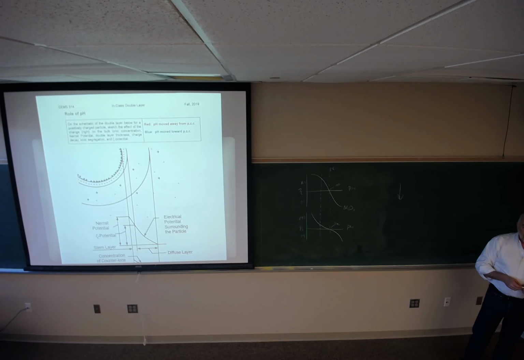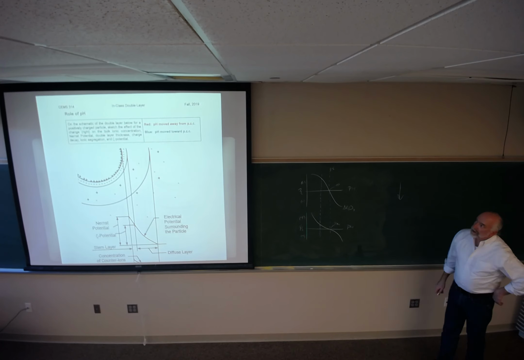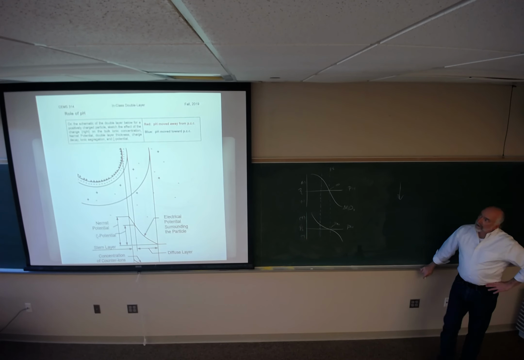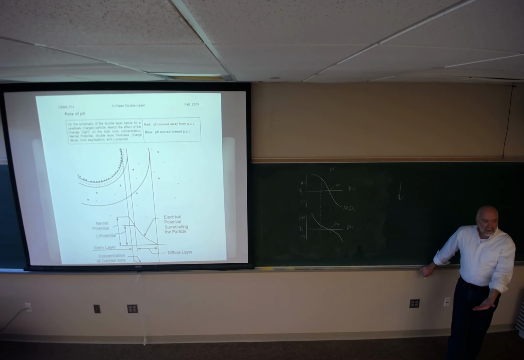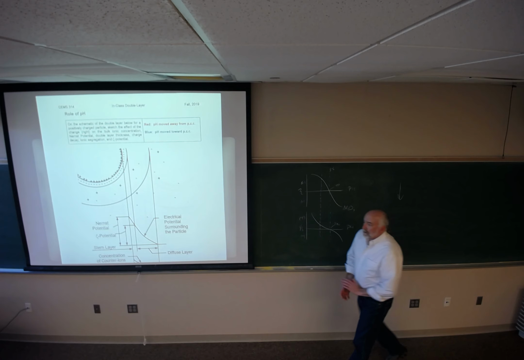Okay, so you know where you started in the system. Then the question is, what happens if the pH moves away from the point of zero charge? So what does that mean? I'm going to move further acidic, right, further to the left, and therefore I'm going to get an increase in positive charge.